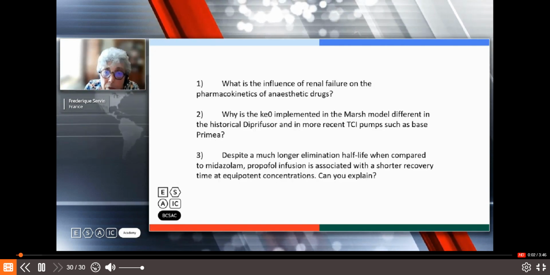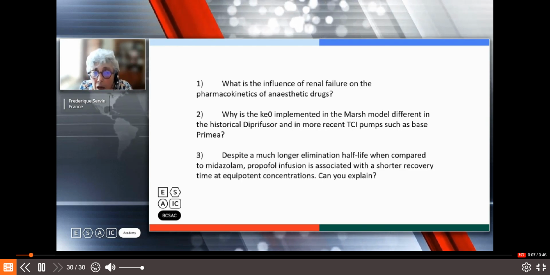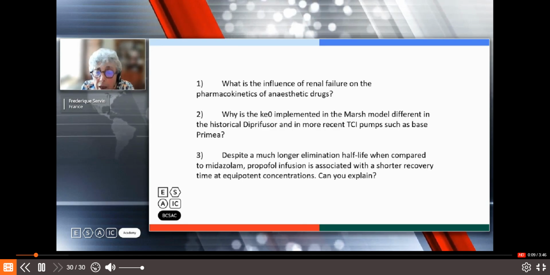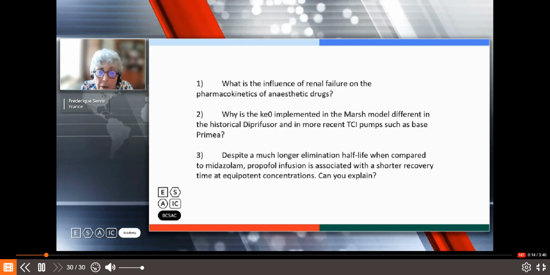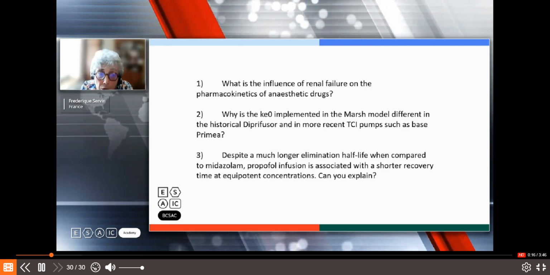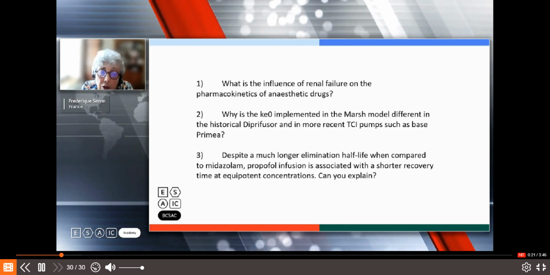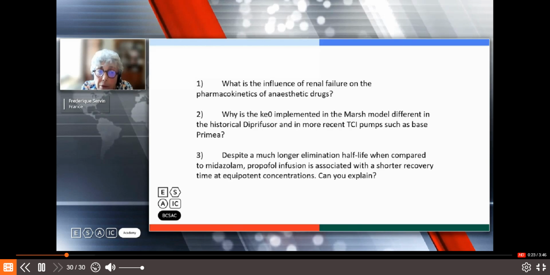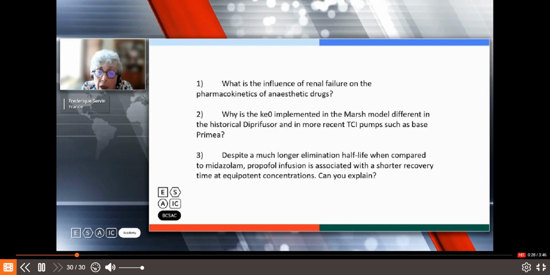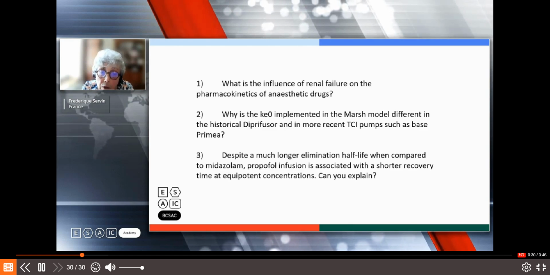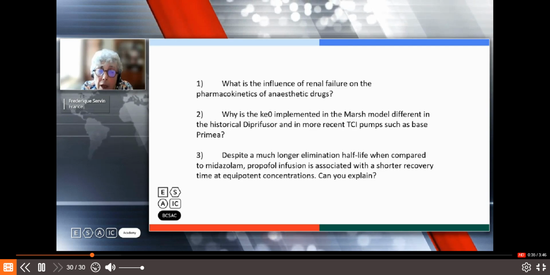Well, most anesthetic drugs, apart from the muscle relaxants, are lipophilic drugs, and so they need to be metabolized by the liver or other organs before being eliminated. So for most of them, there are no active metabolites, and renal failure per se will have no influence on the pharmacokinetics of those drugs.